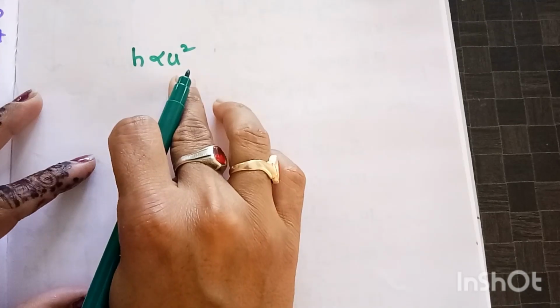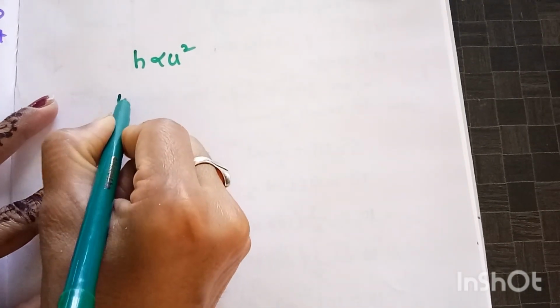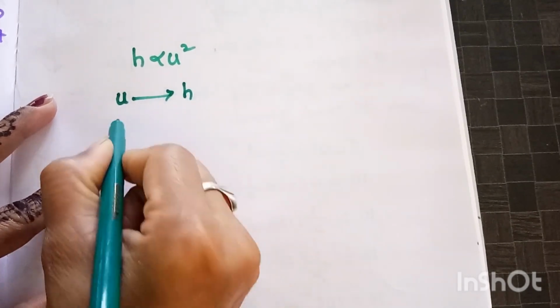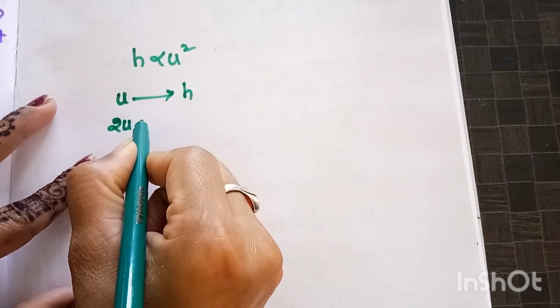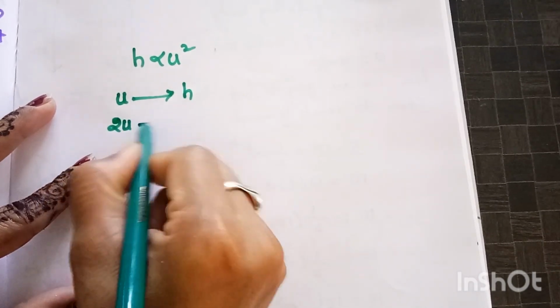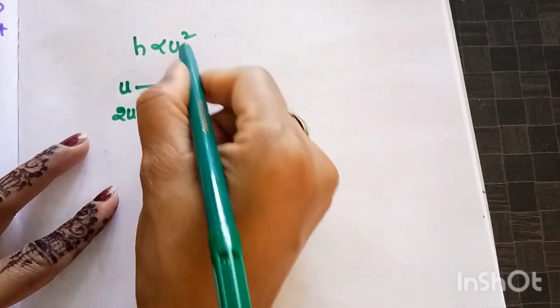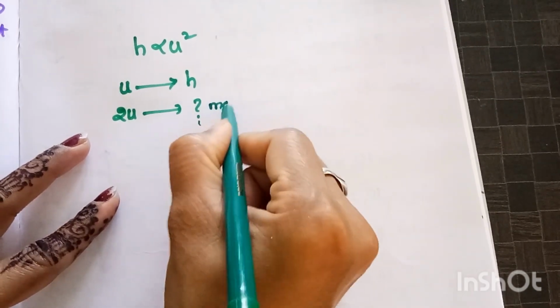So h is proportional to u square. They have given that for velocity of projection u, the maximum height is h, and for 2u, double the velocity of projection, they ask us to find the h value. With the help of this relation, we are going to find the maximum height.